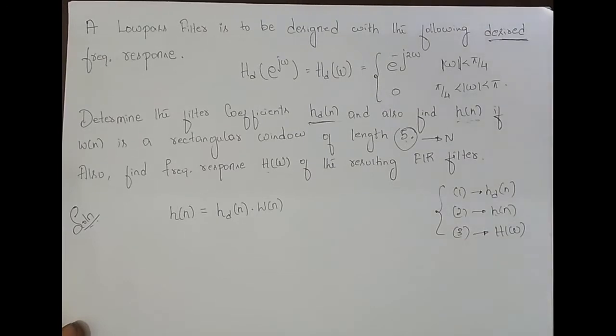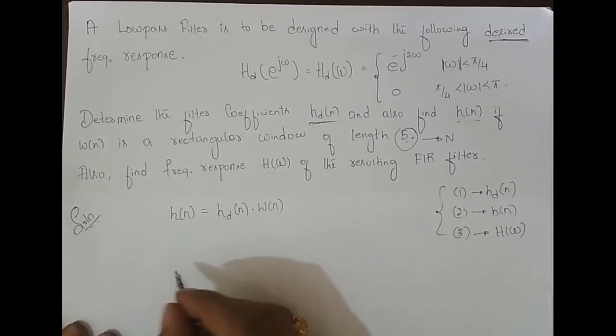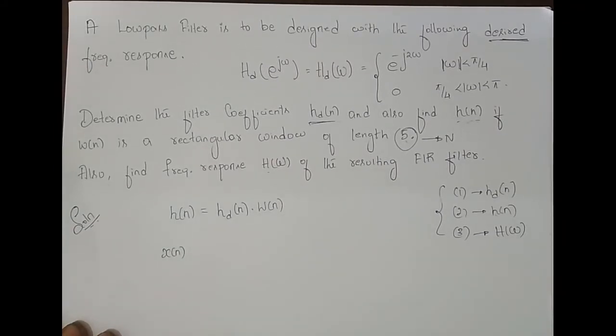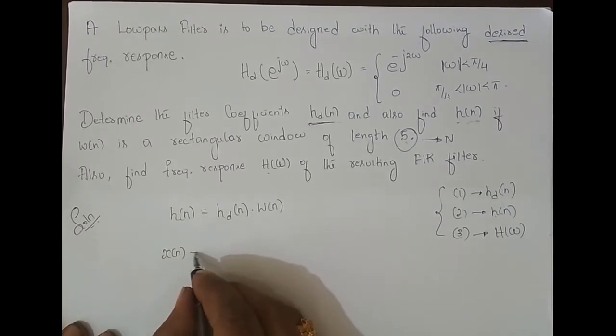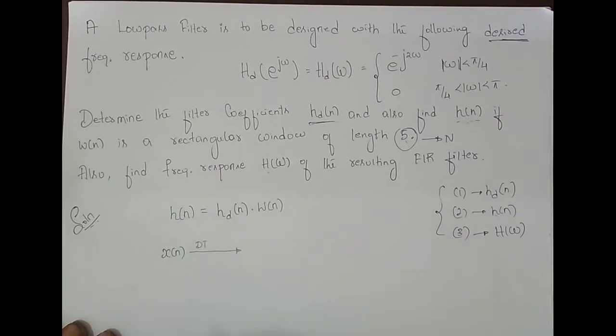Now, before we proceed with designing the filter, in the very first video of this course, that is module 1 and lecture 1, we discussed frequency domain sampling. There we said that if I have a non-periodic discrete time signal x of n, and if I want to take it to the frequency domain, I have to take the discrete time Fourier transform. Why discrete time?